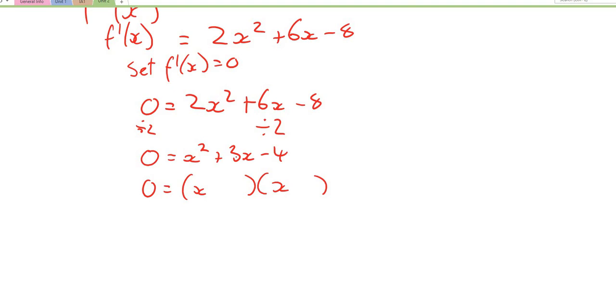The only way they could become -4 is if it's a -1 and a +4, because then those add to +3. So -1 plus 4. What x values does that give me as my possible solutions? 1 and -4. They're flipped, so it'll be +1 and -4. So x equals 1 and -4.